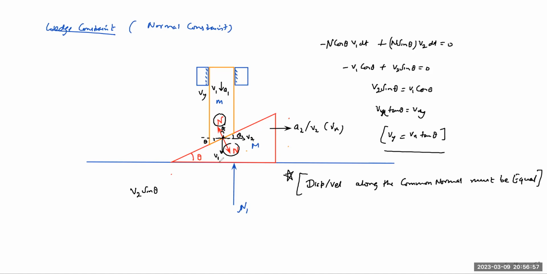What is the component of V1 in the same sense of normal? See, we keep the same sense. We don't write the two different directions of normal, only one sense. So in this case, it is downward. So V2 sin theta is equal to V1 cos theta.